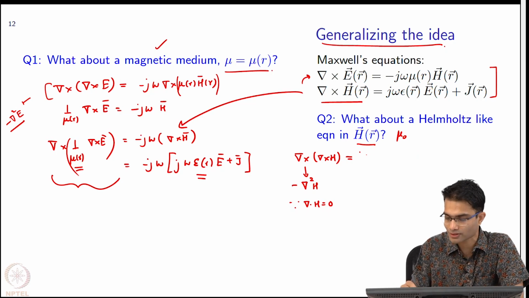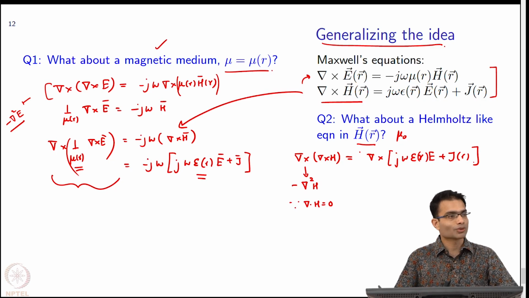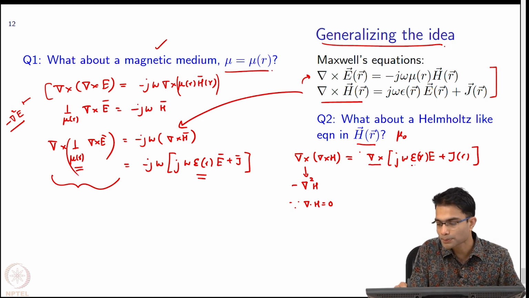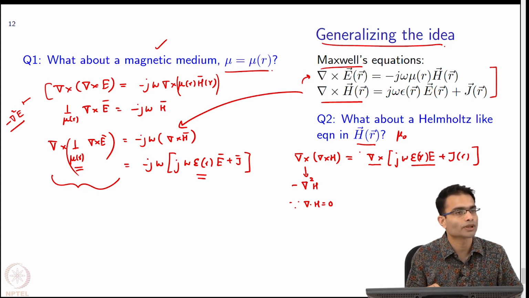So I have del cross H, so that's del cross j omega epsilon r E plus j r. Can I proceed with this? Do I know curl of epsilon E? So I cannot actually get a Helmholtz equation in H, because I don't know del cross epsilon E, I only know del cross E. So I cannot simplify this.